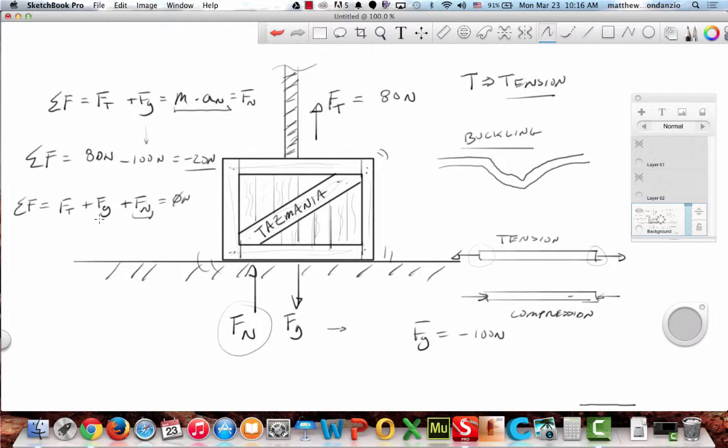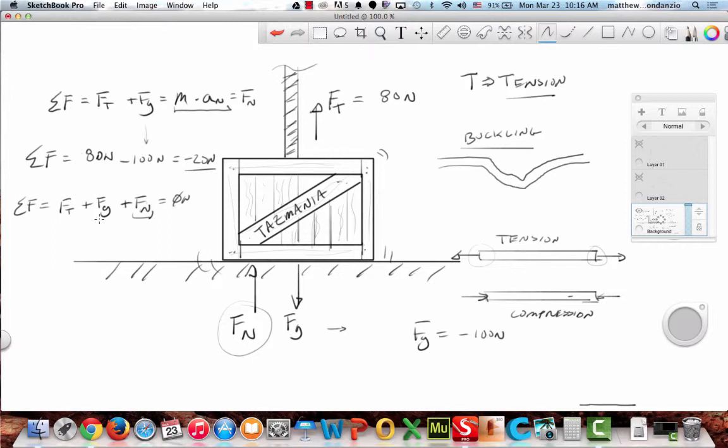When I lift up, the ground's pushing back less. Everyone clear on that example? So the normal force is the force pushing back on the object from the ground.